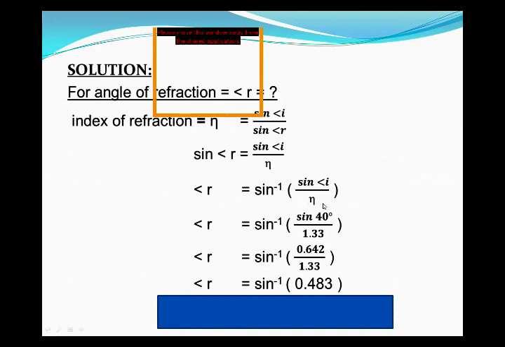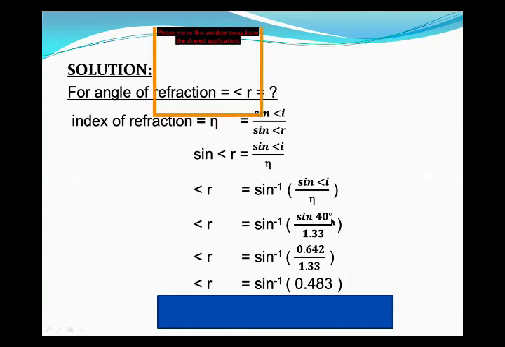Now, we will compute their value. Sine will remain the same. Angle I is 40 degrees, while n, the refractive index of water, is 1.33. So, before simplifying it, first of all, we need the value of sine 40 degrees.